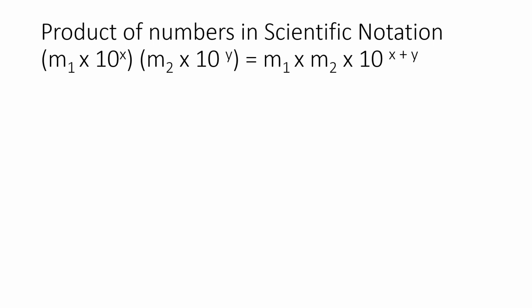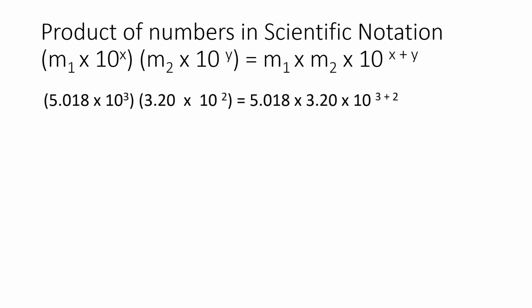If we multiply m1 by m2 and add the exponents of 10, that means the first number into the second number is m1 into m2 into 10 raised to power x plus y. Let us see. I am using the same numbers so that the concept is clear. We have already represented these numbers on the previous slide.